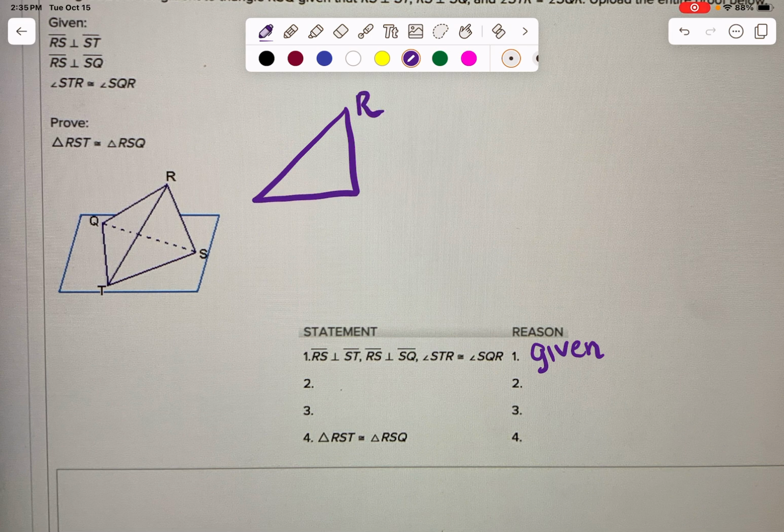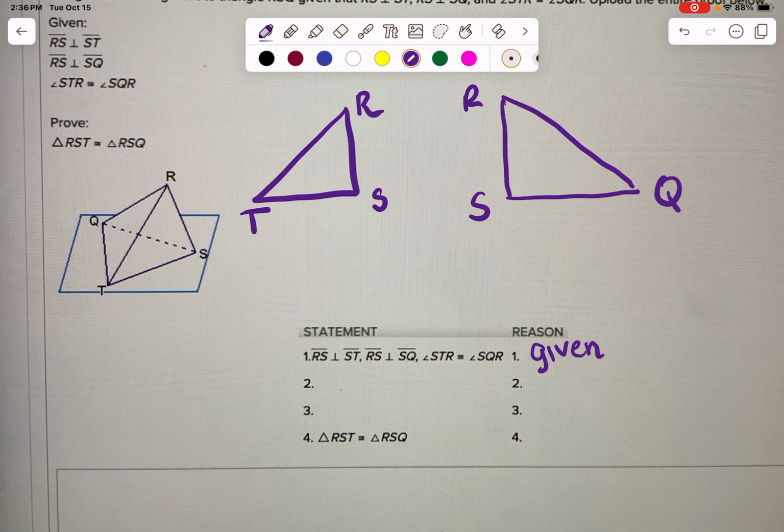RST. And then the other one that I have is RSQ, which would be this one. RSQ. So I would go ahead and do that part first.